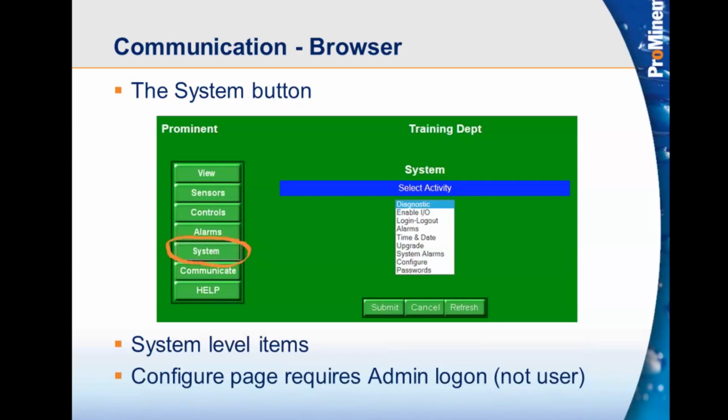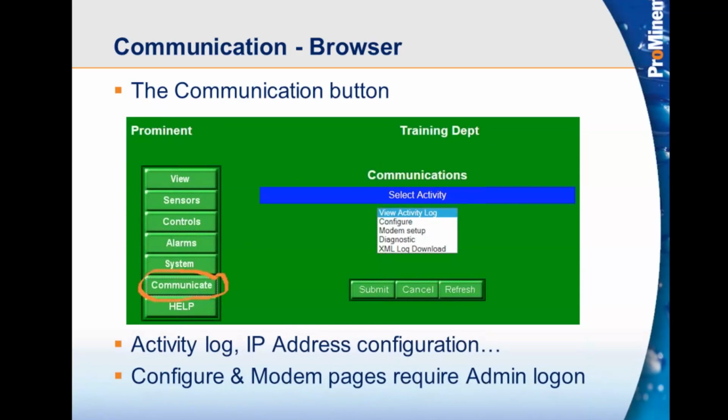If your controller would need to have an upgrade from our company, there's an upgrade page, system alarms, configuration for the system, and setting up password. And lastly, communicate is setting up your IP address, and also if you have a phone modem, this is where you would configure that.